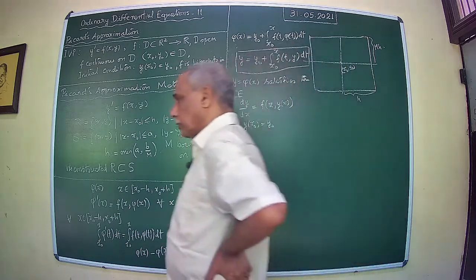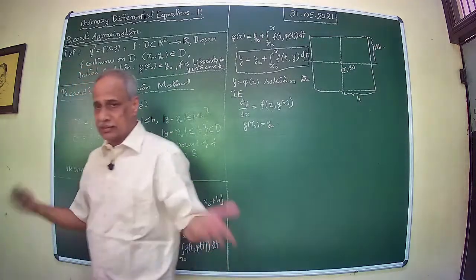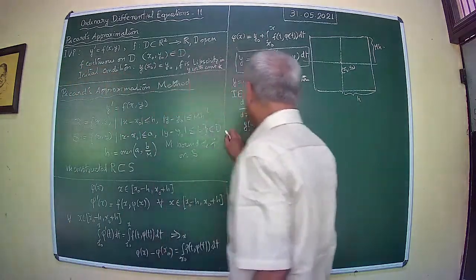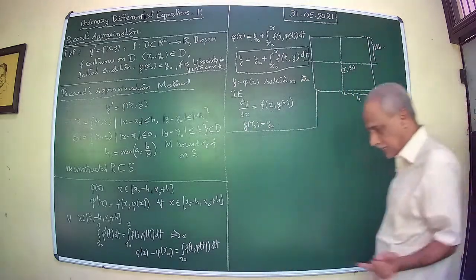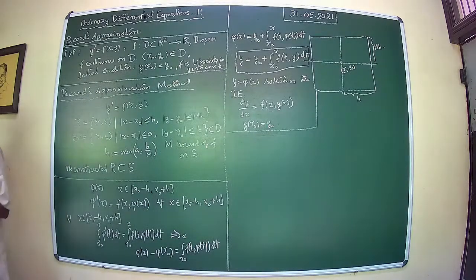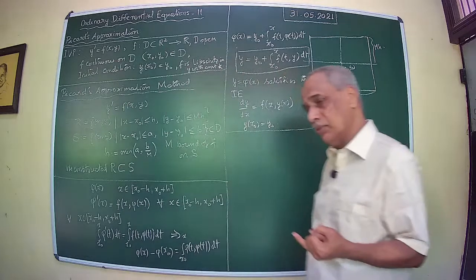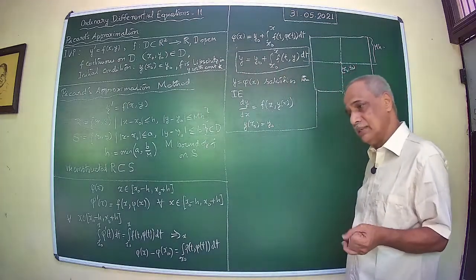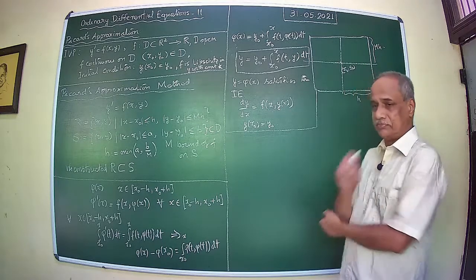Therefore, the two problems are equivalent. Now, this is the whole idea behind Picard's method, this observation. So, what have we done? We have converted the initial value problem into an integral equation. Now, see, we have not solved it yet, but we will find out some mode of solving it.